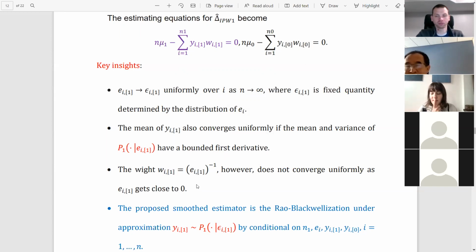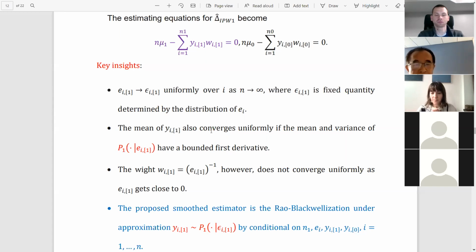Yes, I have a question and a comment. The comment is on your second bullet point, where you were justifying why there's a bounded first derivative. But there could be covariates that affect heterogeneity in the outcome that are not confounders. Would that be a problem for your rationale?